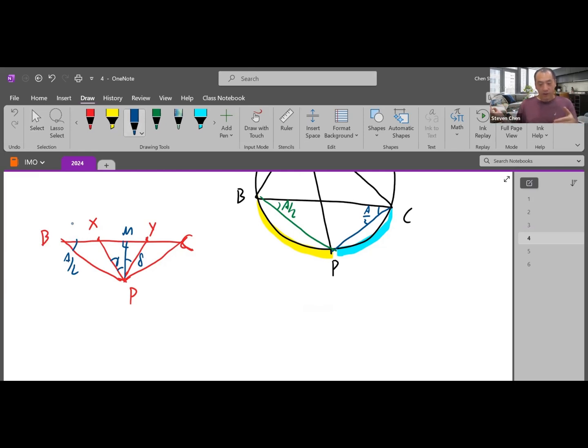The only thing we need to do in order to determine gamma is to know the position of X. In other words, we need to know the length of BX or MX. Once we are able to compute BX, then we know MX, so we can easily compute gamma, in particular the tangent value of gamma.